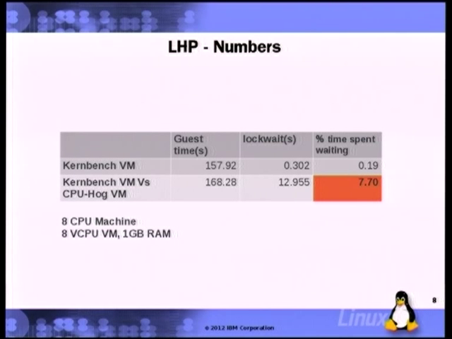In the second experiment, I have 2 VMs, a Kernbench VM and a VM which runs a CPU hog. The lock wait time has gone up almost to 7.7%. So basically this time is all spent just doing the busy wait between the virtual CPUs. It's quite a huge number.